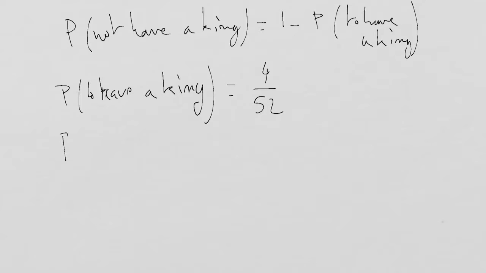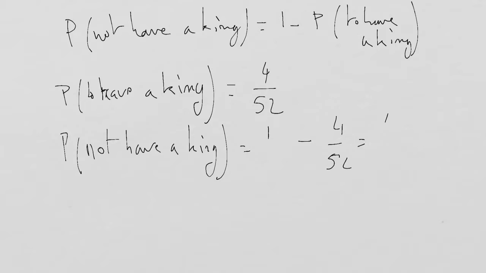Now, if I want to define the probability to not have a king, it's going to be 1 minus 4 over 52, which is 48 over 52.